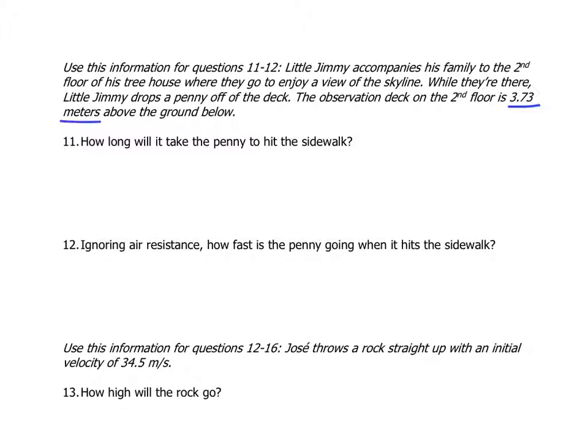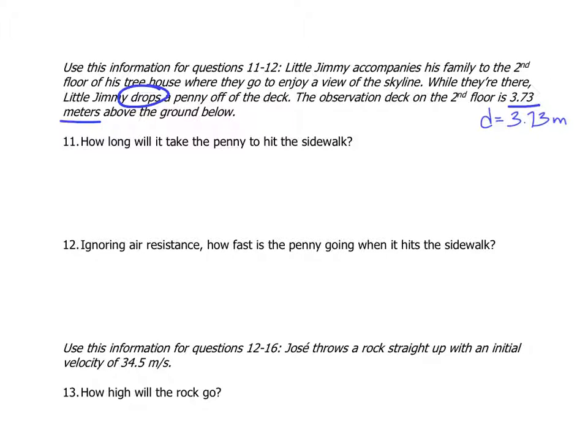So what it's telling us is the distance above the ground is 3.73 meters. And there's some other information that's kind of implied that we need to think about, and it's the fact that it's being dropped.